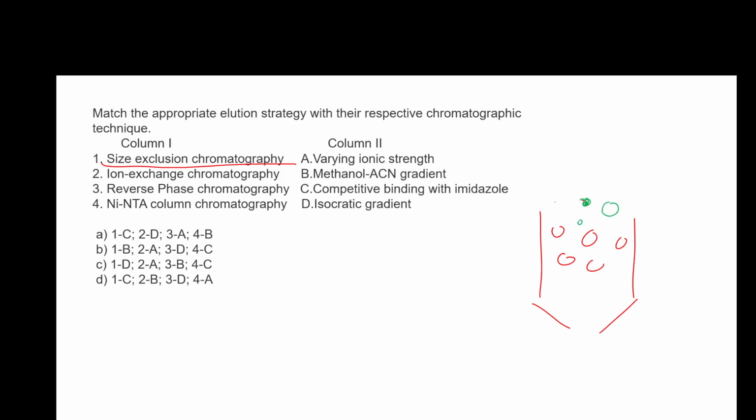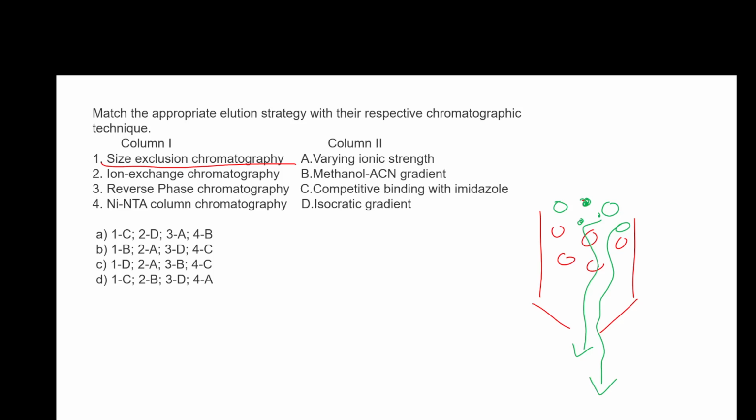You can separate the proteins based on their size. The smaller protein will enter the bead, take more time to travel through, and elute later. However, the larger one will come out from the void space and will be eluted first. So here, no buffer of varying ionic strength is needed. So the first is not matching.